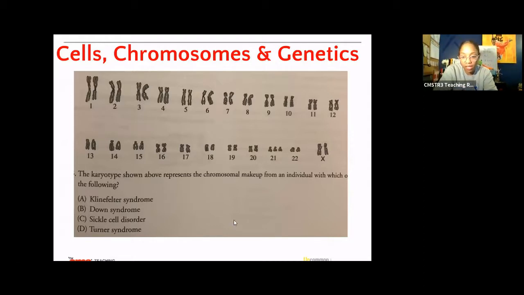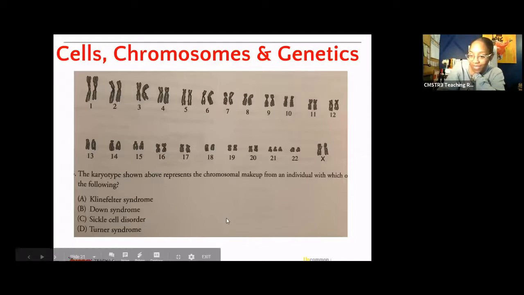Right, good job, guys. I see the answer coming up in the chat. Everybody got this one right. This one is B, Down syndrome. The key here, and what most of us already know, the other name for Down syndrome is what? You can say it out or put it in the chat if you'd like to.